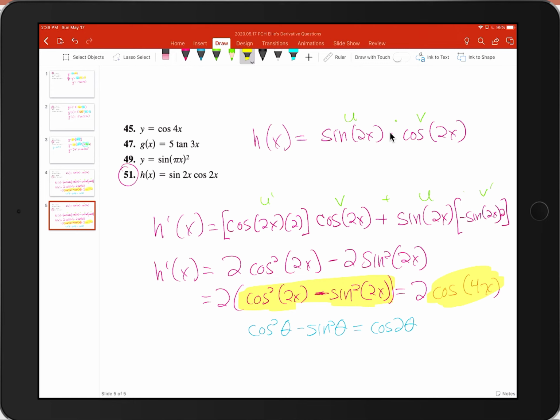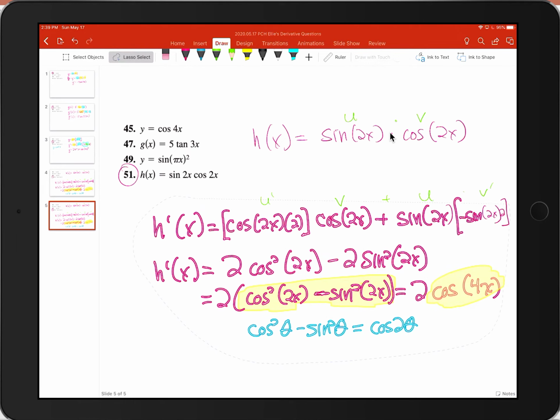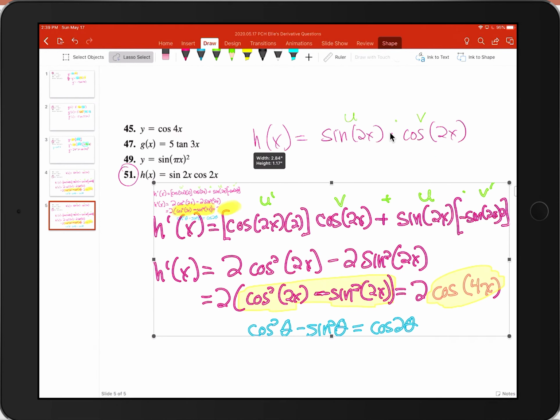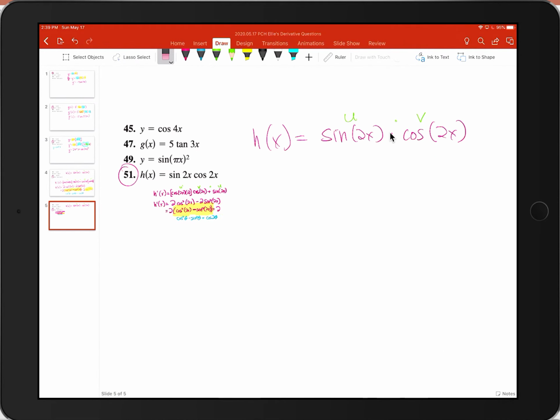So another way this one could have been done is if we first get rid of all this extraneous stuff here.